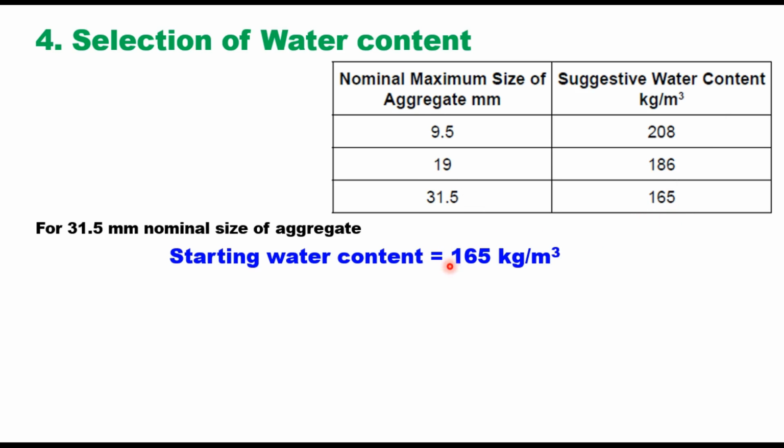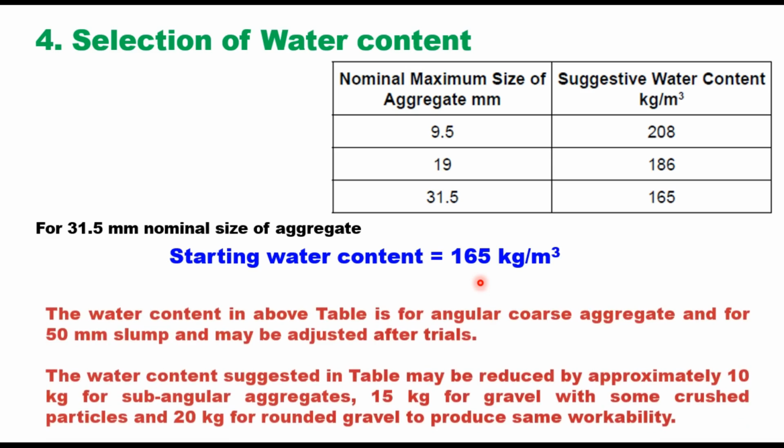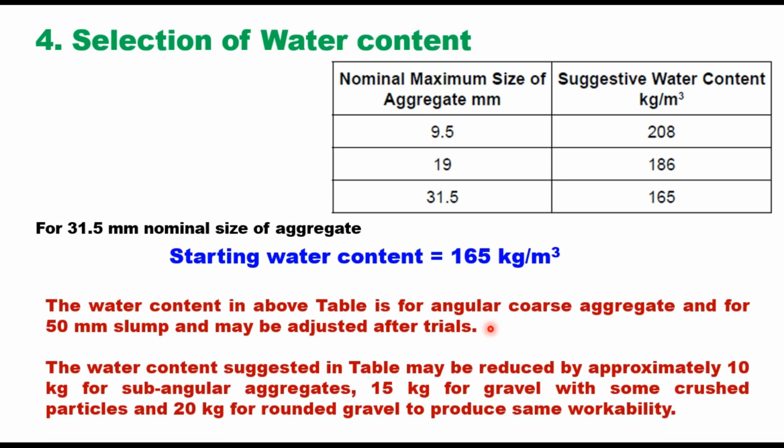Now this water content is for angular coarse aggregate and for 50 mm slump, and it can be adjusted after trials. In our case, the aggregates are angular, as given in the question, but slump is 25 mm, and therefore this should be adjusted.